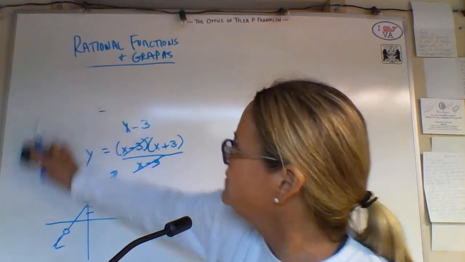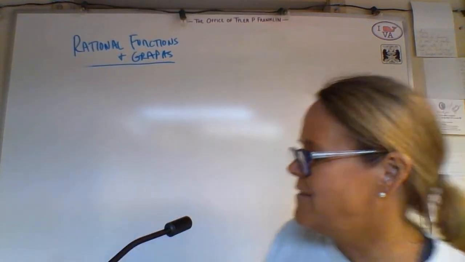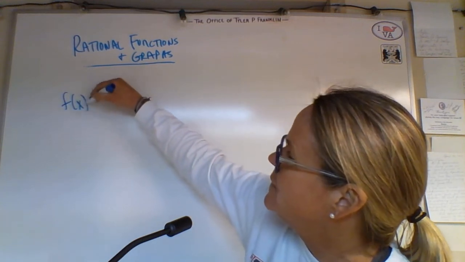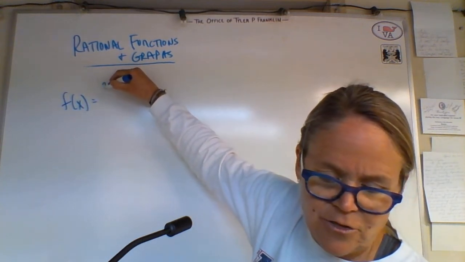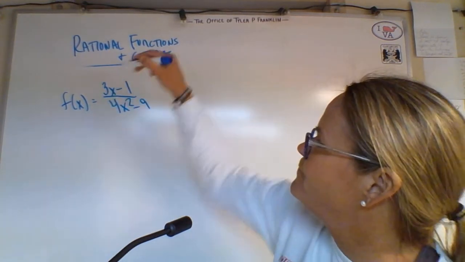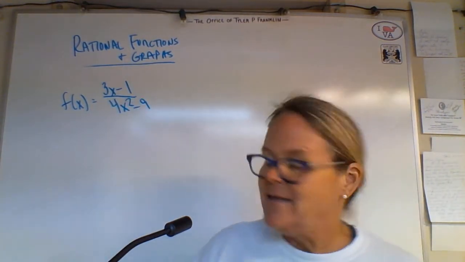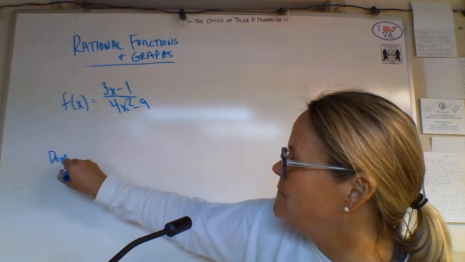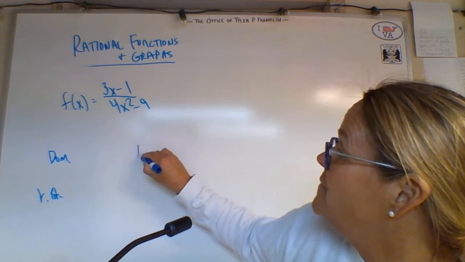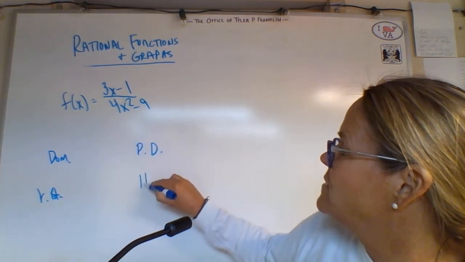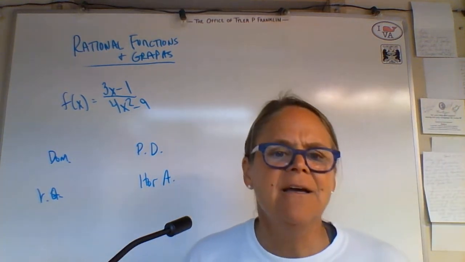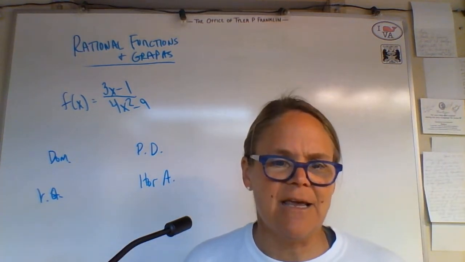So all I'm really going to ask, that I think is important, is me giving you a function such as 3x minus 1 over 4x squared minus 9. I say to you, give me the domain, vertical asymptote, point of discontinuity, horizontal asymptote. And not really graph it, just tell me what these things are.